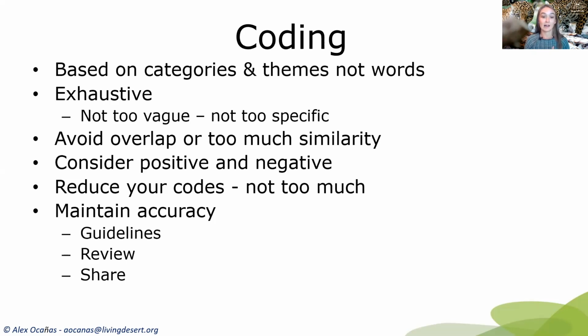So some things to help maintain your accuracy of analysis and coding in general is to have some kind of guidelines that you follow throughout the process. So this, for example, your code book, where you start writing down as you come up with them your code, and then the description, a very clear description of what's being included in that code.